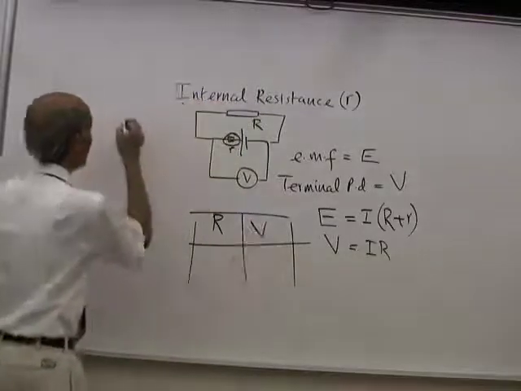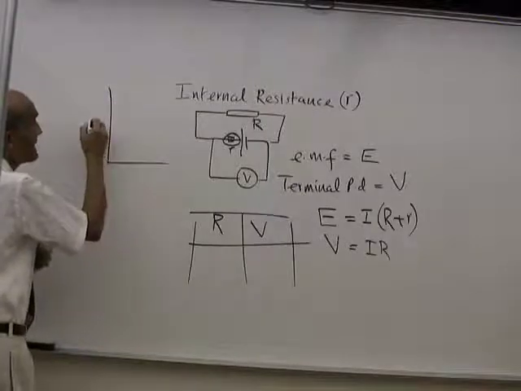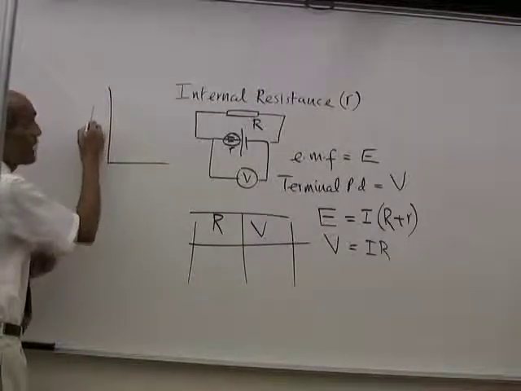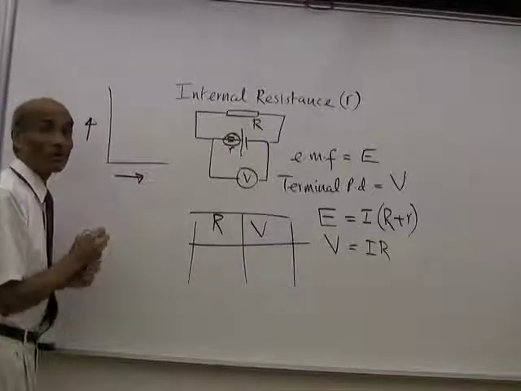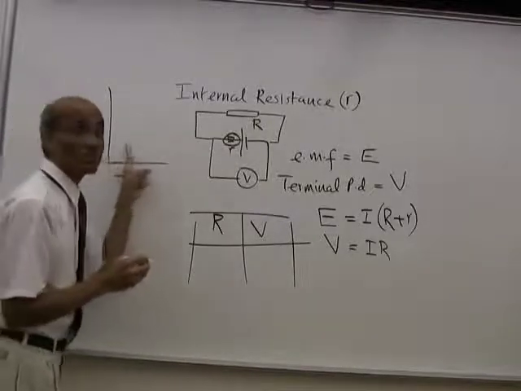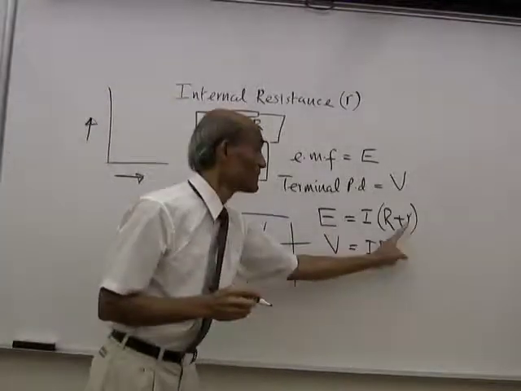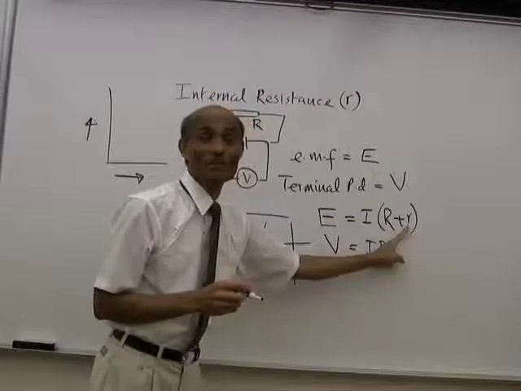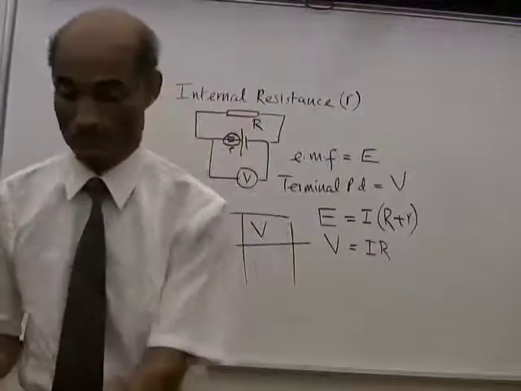And then draw a graph of your dependent variable on the y-axis, your independent variable on the x-axis, measure its slope, and use the slope of that graph to find the value of r. That is your lab. And of course, answer the questions.